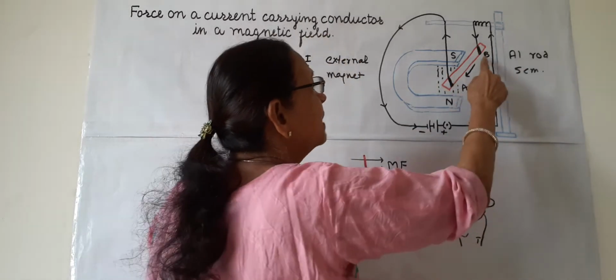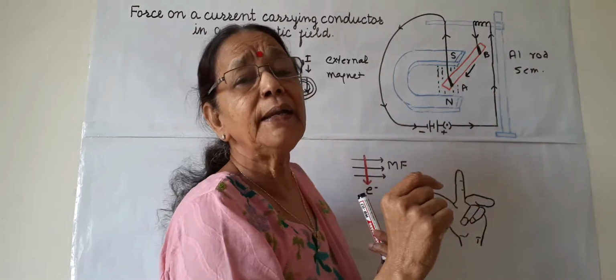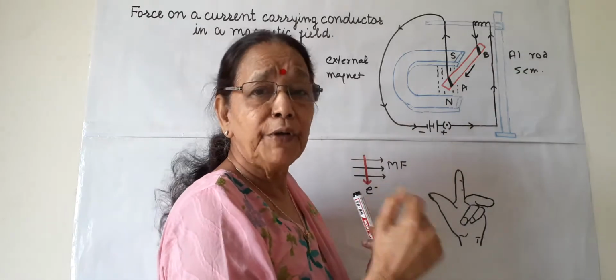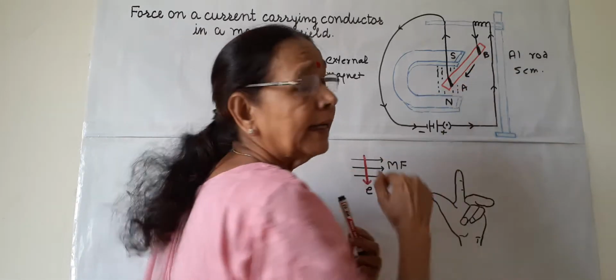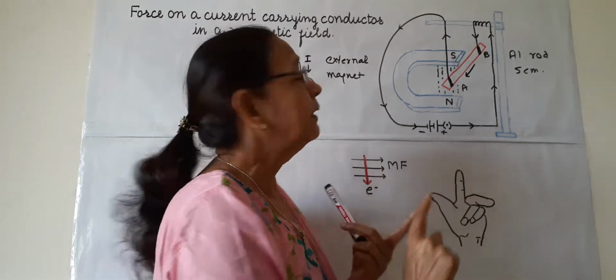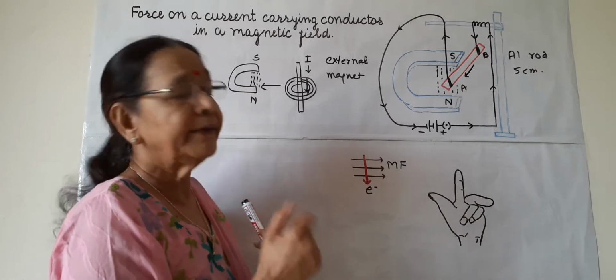When current is passing from B to A, what happens? A magnetic field is developed around this aluminium rod. We know current carrying conductors form a magnetic field around them in the form of concentric rings.